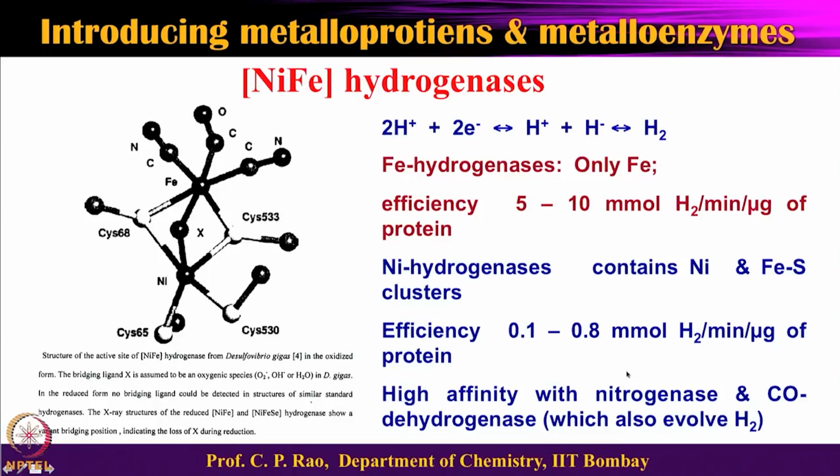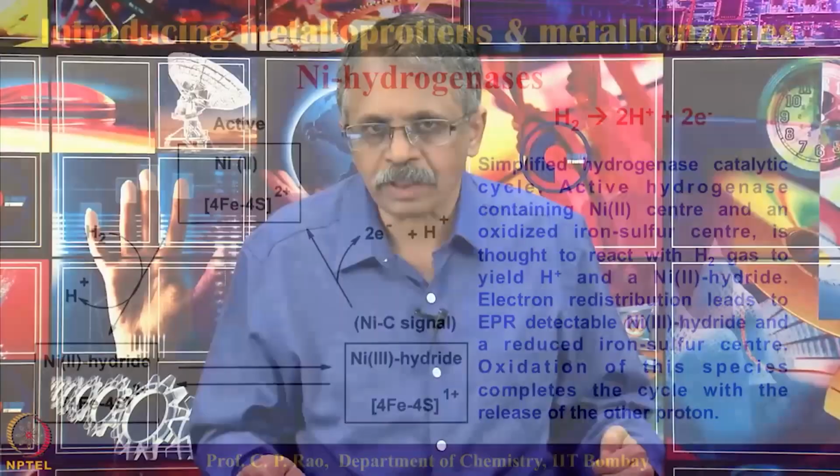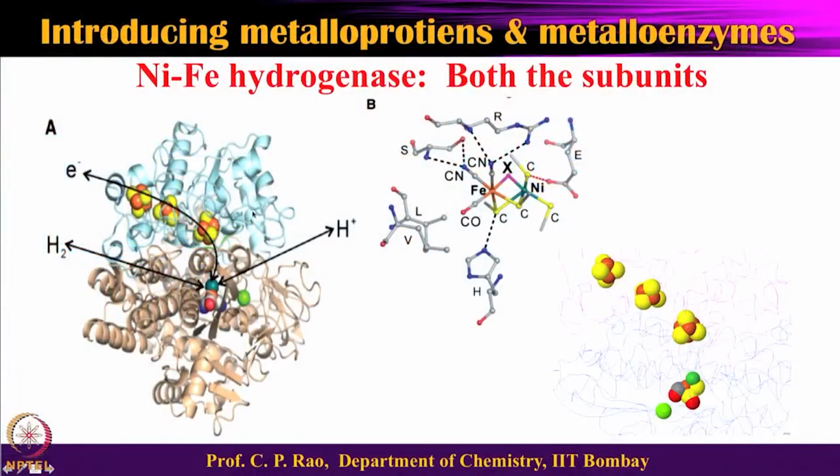These are the kinds of hydrogenases that we have. How does this hydrogenase work? Let us look first at a simplistic view. Now we have seen in the previous slide, there are two possibilities, the two subunits: one subunit having the iron sulfur cluster, the other subunit having the nickel iron cluster.